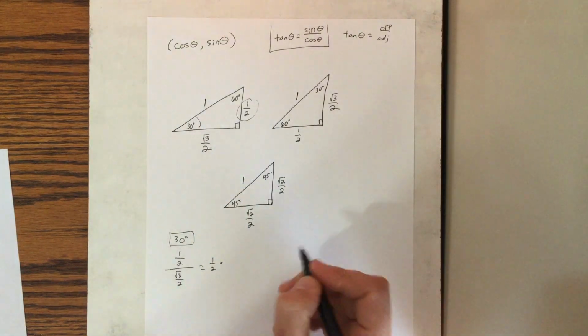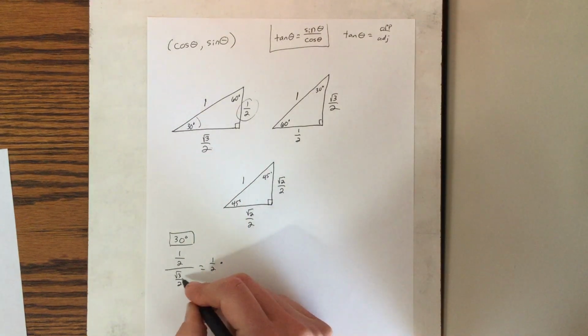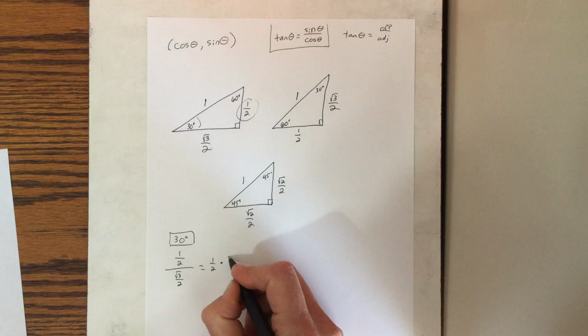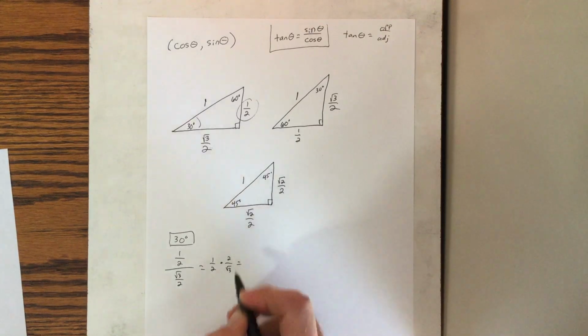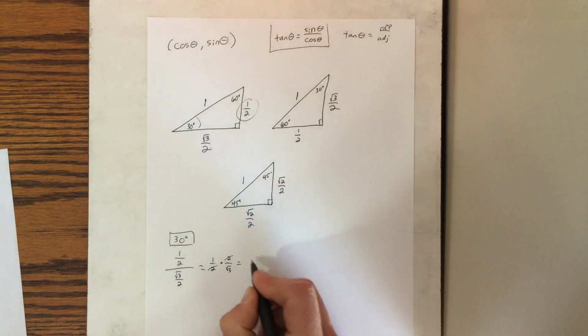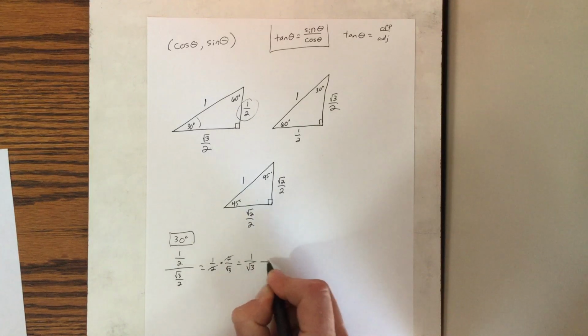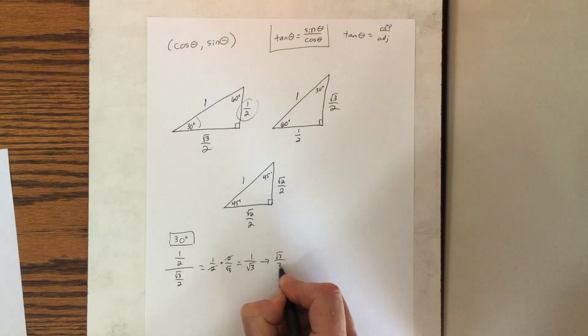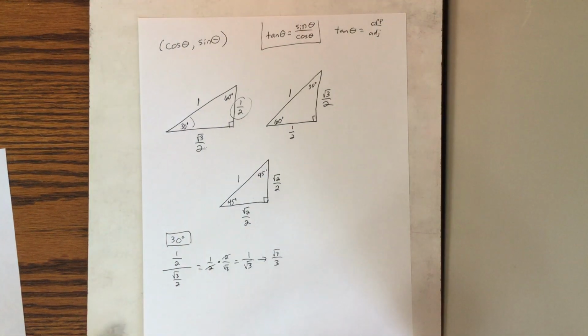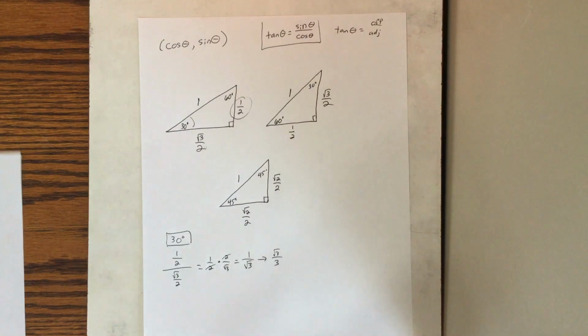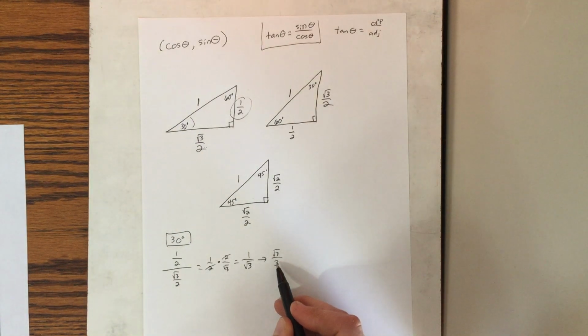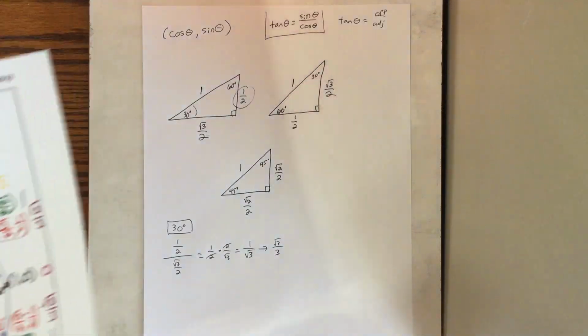So 1/2 times the reciprocal of root 3 over 2, which would be 2 over root 3. The 2's will cancel. We'll be left with 1 over root 3, which will end up being root 3 over 3. So the tangent of a 30-degree reference angle is going to be either positive root 3 over 3 or negative root 3 over 3, depending on the quadrant we are located in.